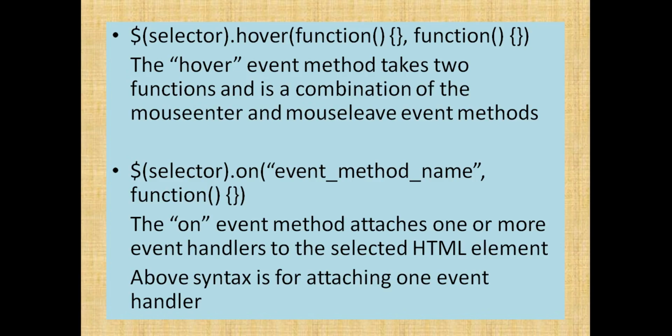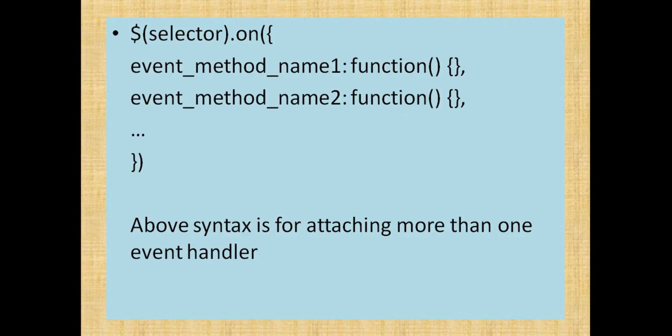Now if I want to attach more than one event to a selected HTML element using on, then I have a little different syntax. I will have to enclose the different pairs of event names and functions within curly brackets.